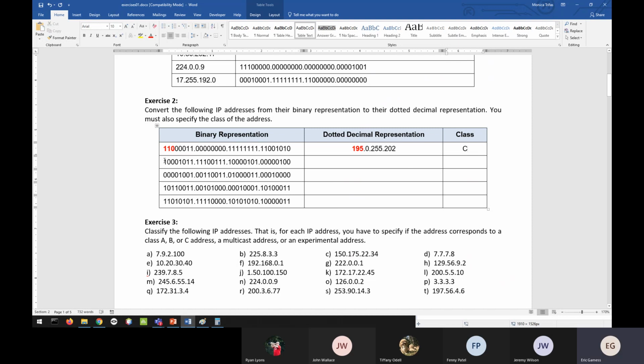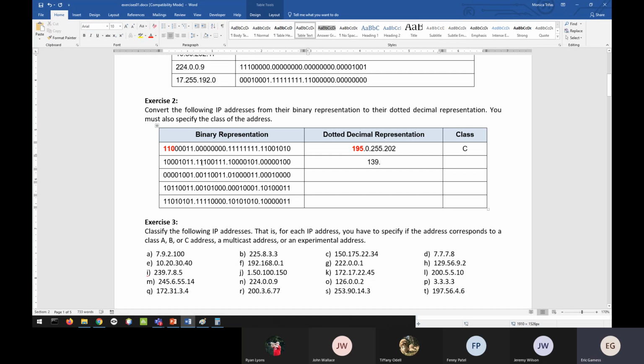So this is what? 128 plus 8 is 136. 136 plus 2, 138. And 138 plus 1, 139. So this is 139. Dot.